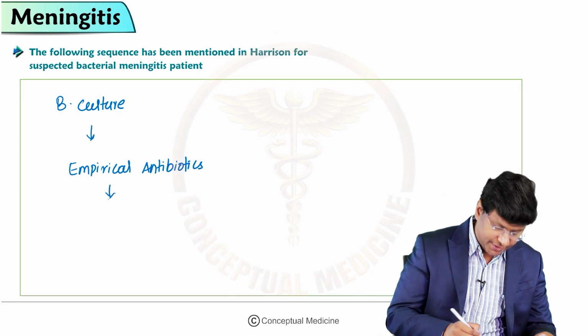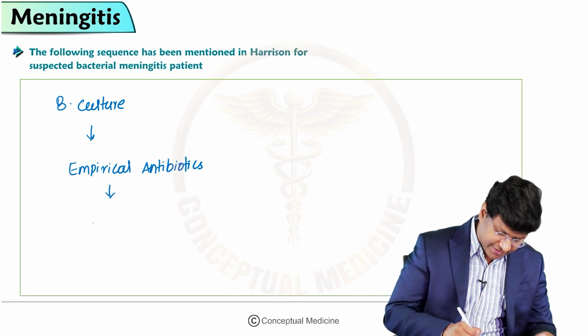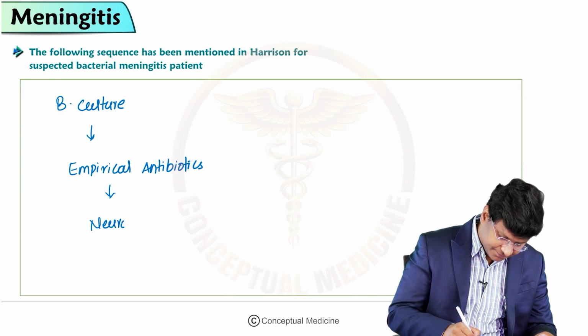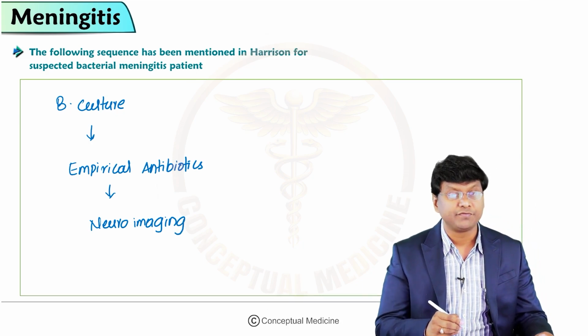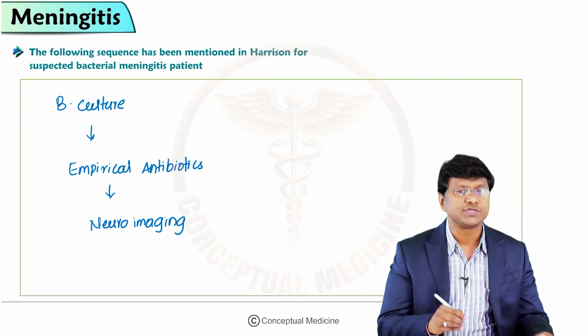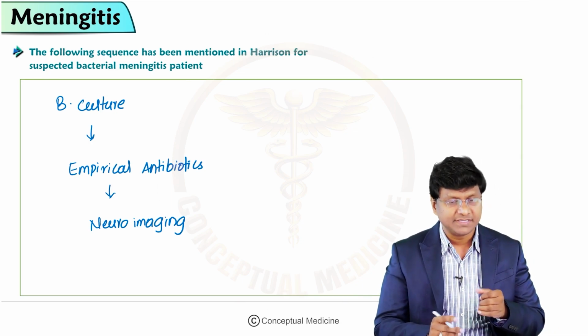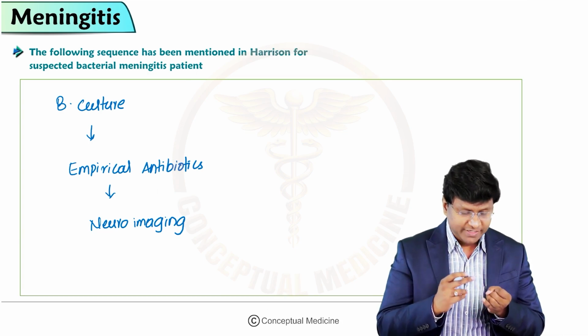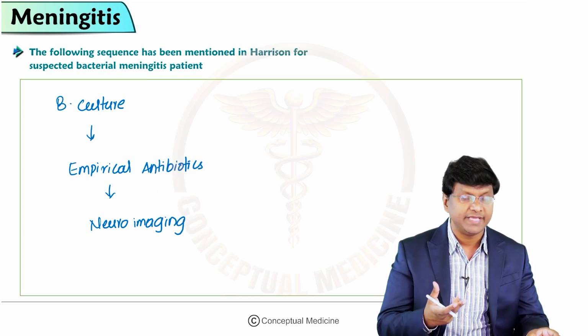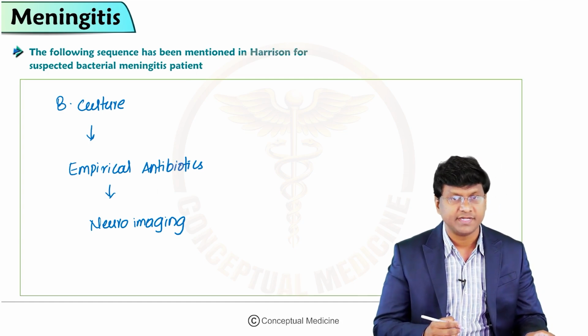And then followed by that, you need to perform the neuroimaging in case of findings of raised intracranial pressure. The neuroimaging is done by either CT or MRI. Whenever you do a CT or MRI, you will be able to make out the features of raised intracranial pressure.